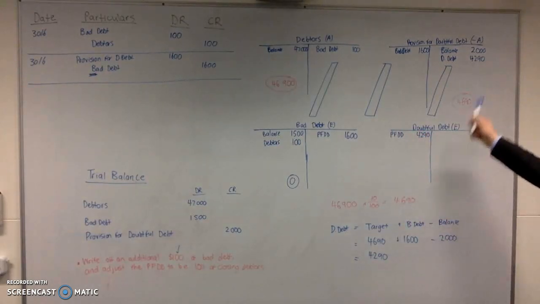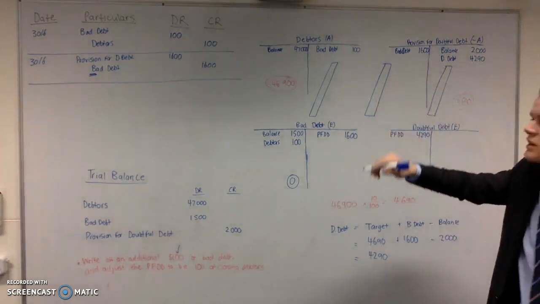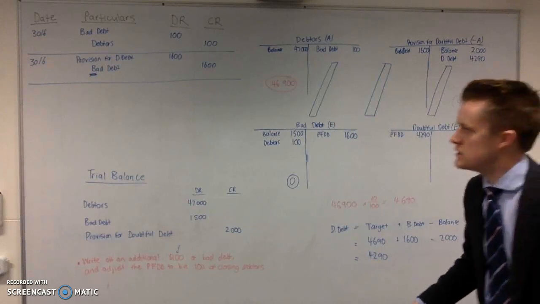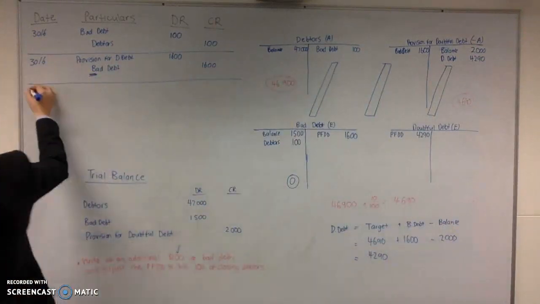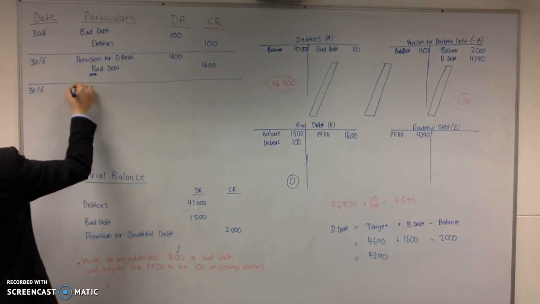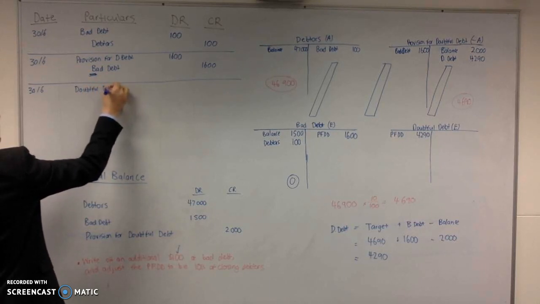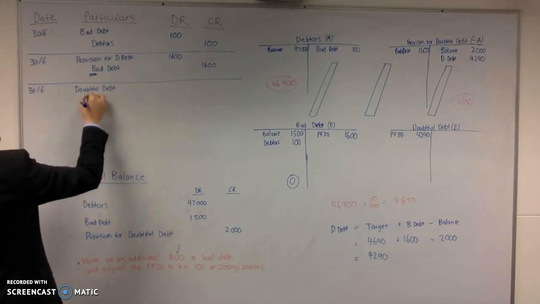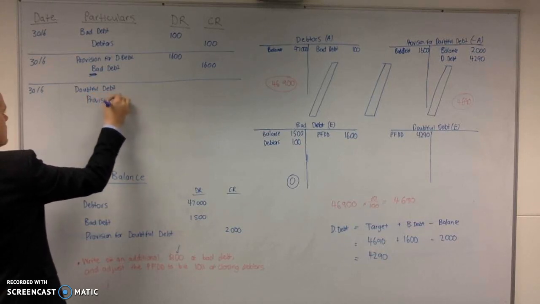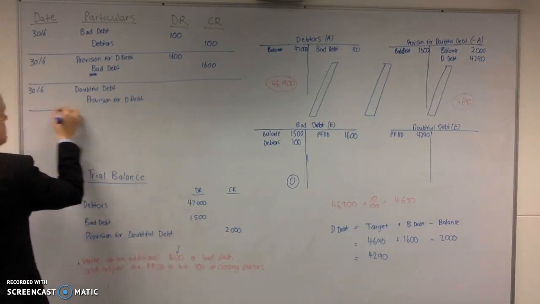All right, we're nearly there. We've recorded the doubtful debt expense, done all our calculations. Now we finish off with the journal entry and adjusting the trial balance. So the second part of the B&D sandwich. Doubtful debt in the middle, on the top there, and provision for doubtful debt on the bottom.